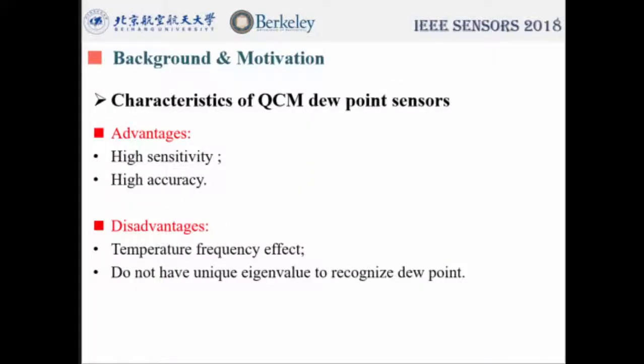Our previous studies show that this method has advantages of high sensitivity and high accuracy. However, it has obvious drawbacks such as the temperature frequency effect, and this method could hardly find an obvious threshold value for dew-point recognition. For this reason, we proposed the hydrophilic QCM dew-point sensor.